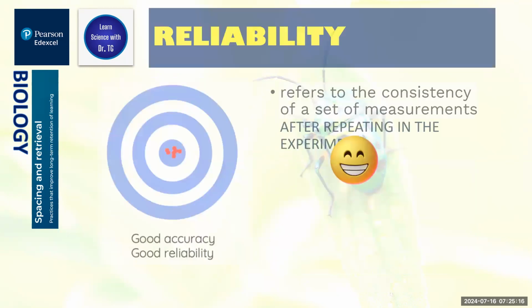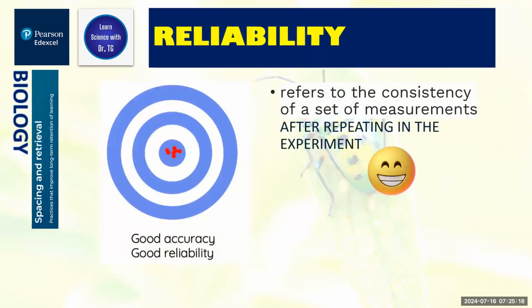Now, when it comes to AS, there's another important thing that comes up with statistics, the other side of the coin, reliability. The meaning of reliability is that our conclusion and results hold up as we repeat the experiment, because we take measurements after repeating the experiment.